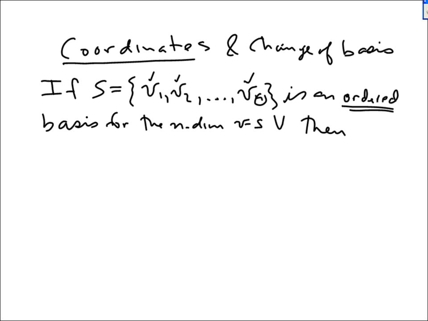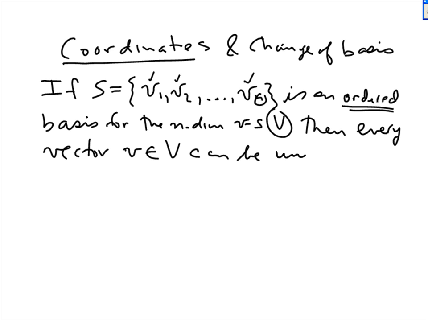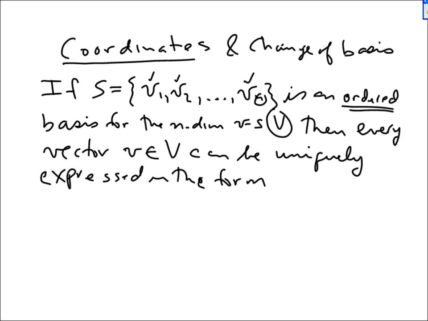Okay, then every vector v in the vector space V can be uniquely expressed in the form v equals a linear combination of the vectors in a basis: c1 v1 plus c2 v2, and so on.